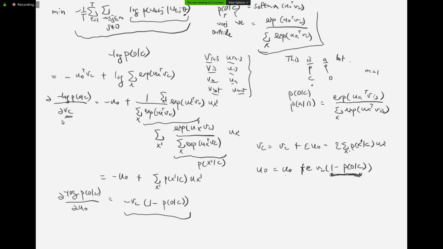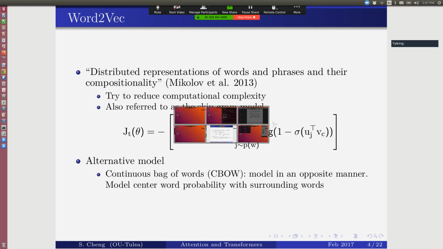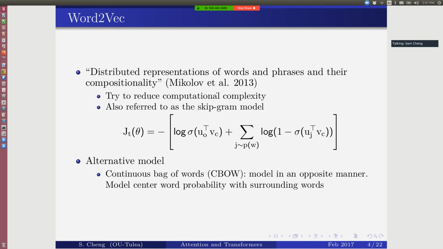In practice, of course, you can concatenate them to make vectors of twice the length. But often people find it sufficient to use the final word embedding as just U plus V, taking the average of them. So now back to the slide here.